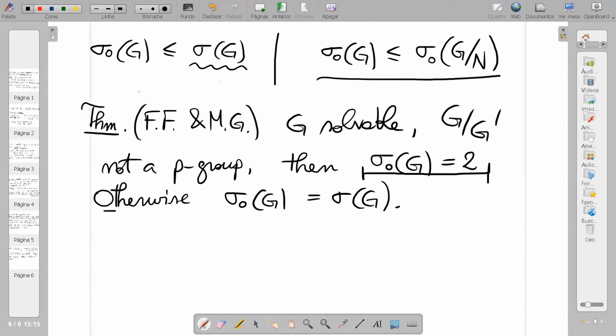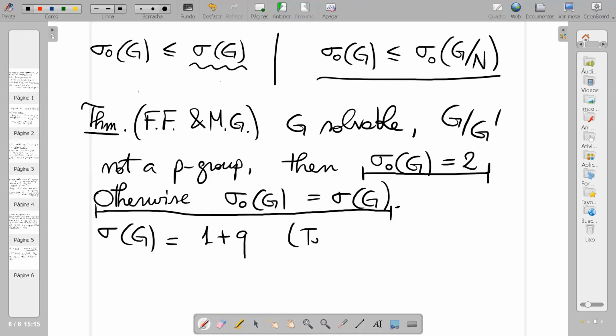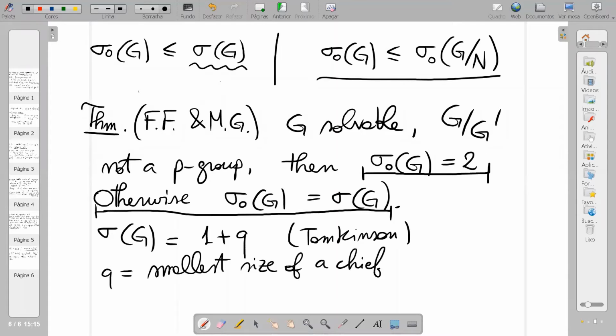And otherwise, essentially the number is equal to sigma of G. And by the way, in this case, sigma of G was computed by Tomkinson. Here Q is the smallest size of a chief factor of G with more than one complement.